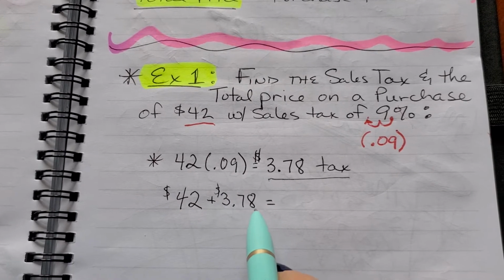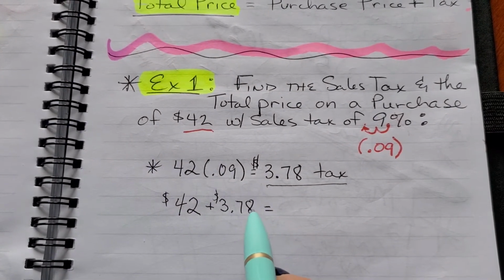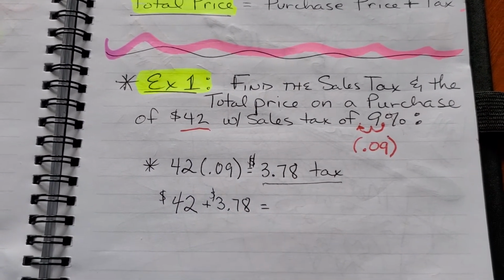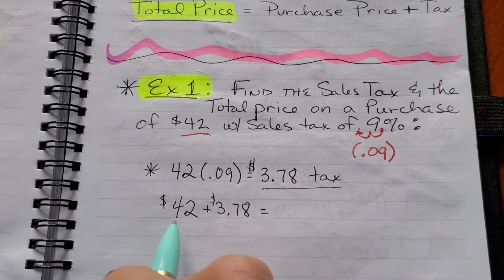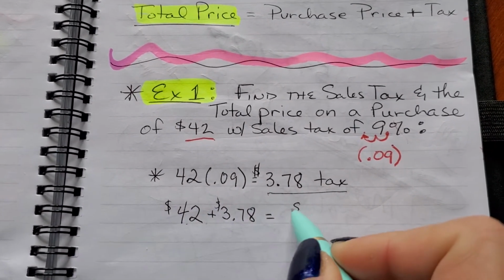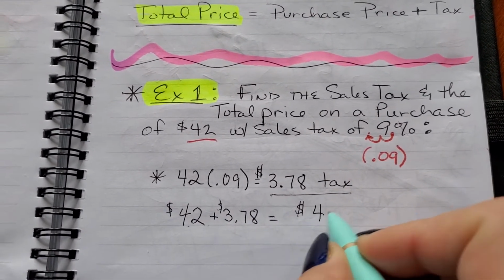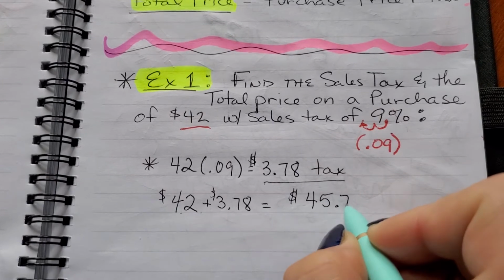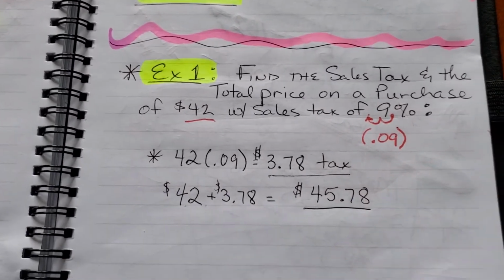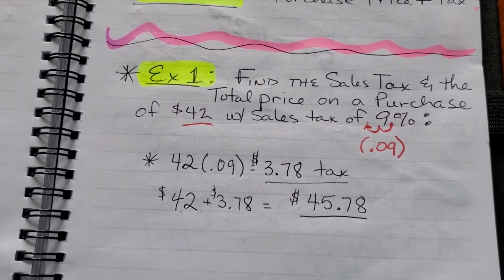Nobody needs to tell you to round money to the pennies. So $42 plus the $3.78 tax is going to give us a total of $45.78 that we need to pay before we can leave the store with our product.